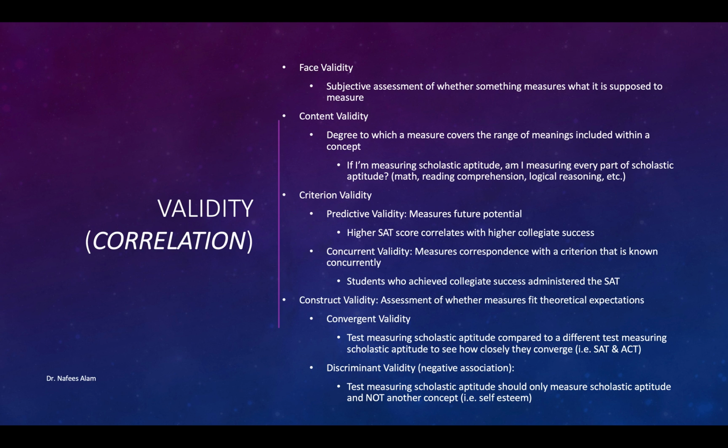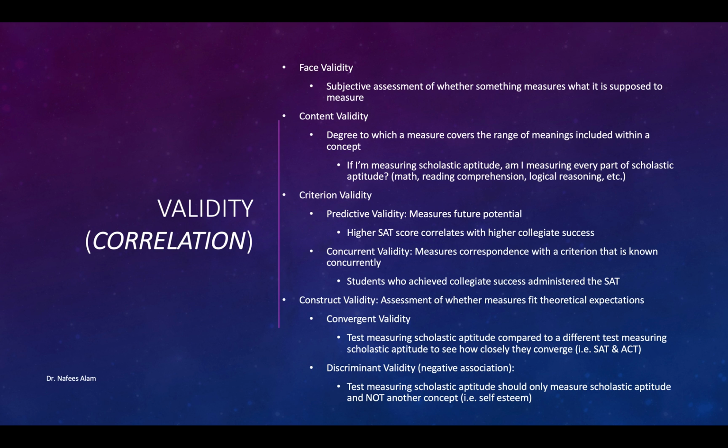So students who achieved collegiate success may be administered the SAT exam because since they've already experienced success, they're likely to test well. Otherwise, why would you say that the SAT measures collegiate success if collegiate success doesn't equate to higher SAT scores? So you might use concurrent validity to see whether or not a tool measures what it's supposed to measure.